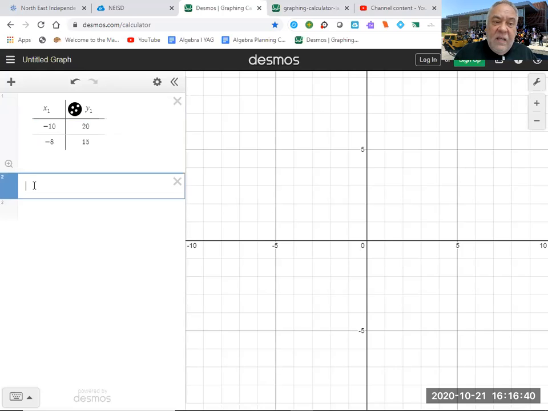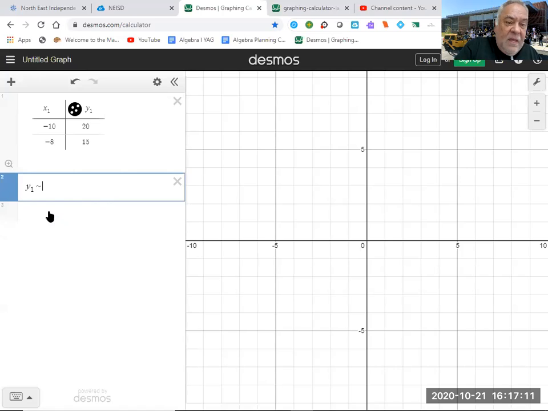Now, here's the key. y equals mx plus b, because the m is going to be the slope. Type y and then the number 1. Also, don't put an equal sign, it won't give it. Put the little tilde sign, which on my keyboard is to the left of the number 1 up top.